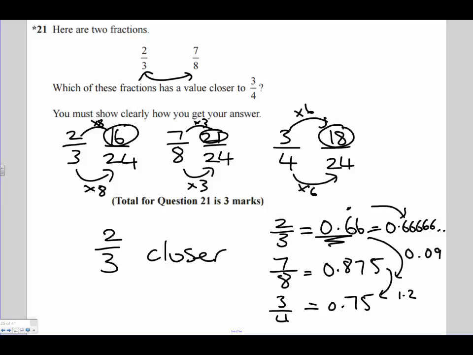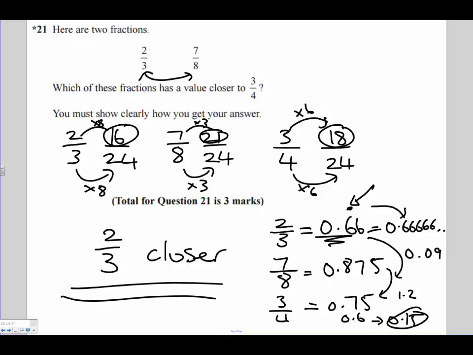If you didn't remember that it had the little recurring symbol and you took 0.6 away from 0.75, then you thought it was further away, it was 0.15 away, and an awful lot of you didn't spot the recurring dot on your calculators. So 2/3 is actually closer to 3/4 than 7/8.